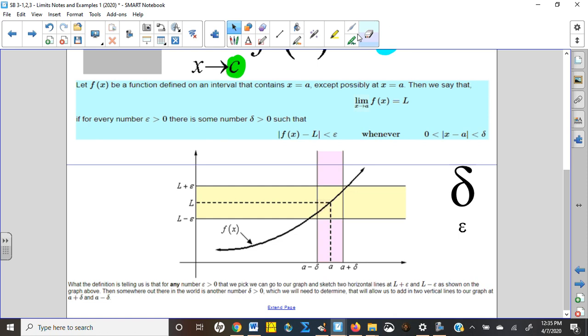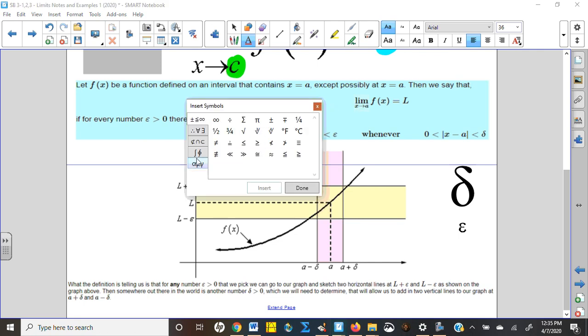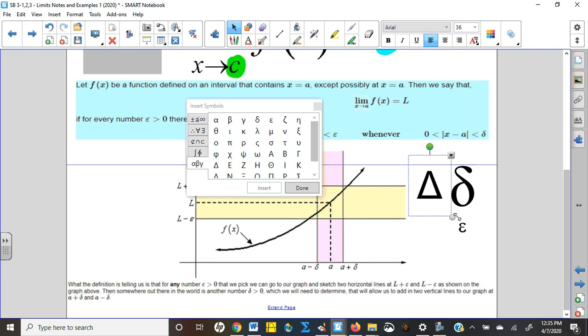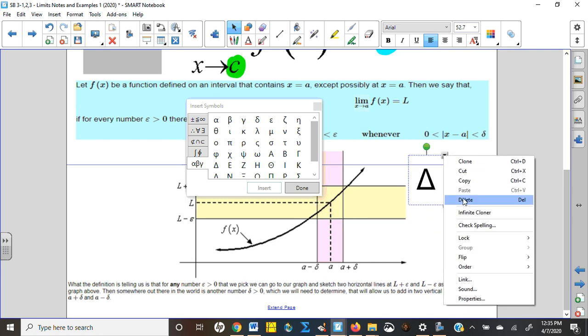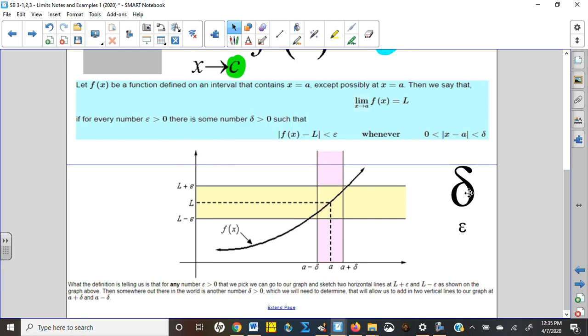You guys know what delta means all the way back from algebra 1 when we talked about change, and the only difference is, see, here's a capital delta here, right? Like the triangle, that's a capital delta. It was like change, right? And it still means change. You'll see quite a few of those pop up in this unit. But this is a lowercase delta, and then this is a lowercase letter called epsilon, delta and epsilon.